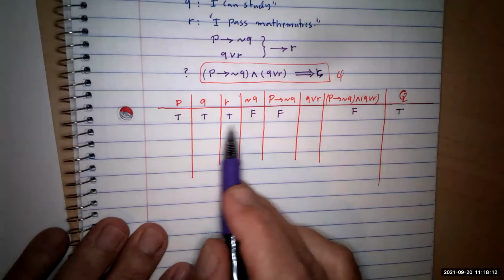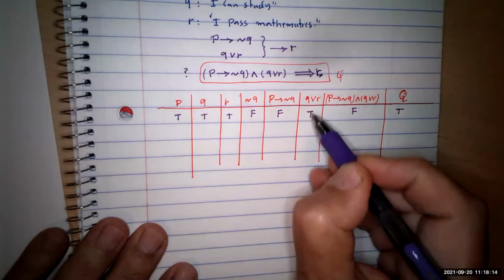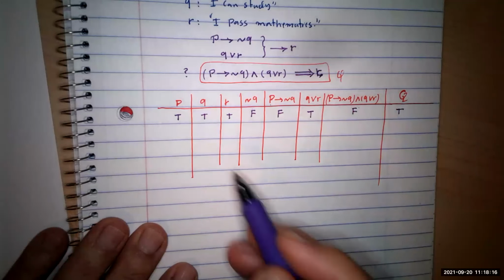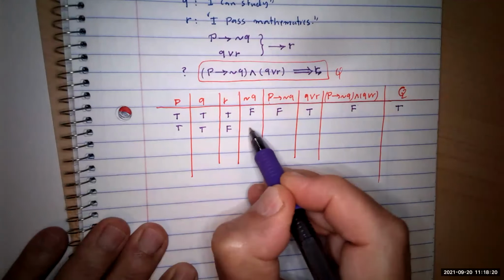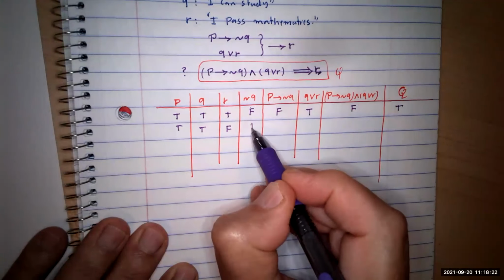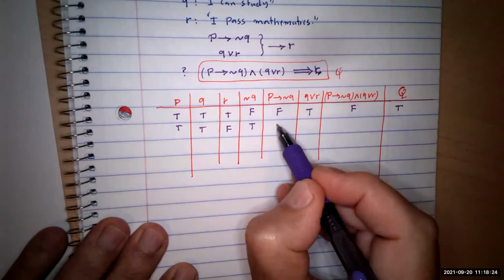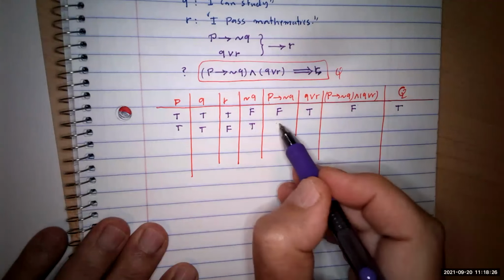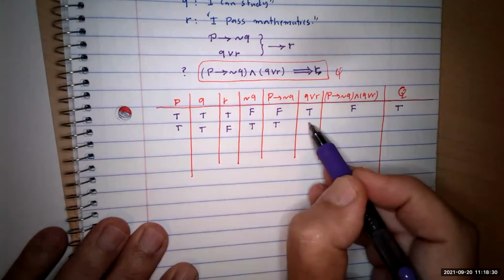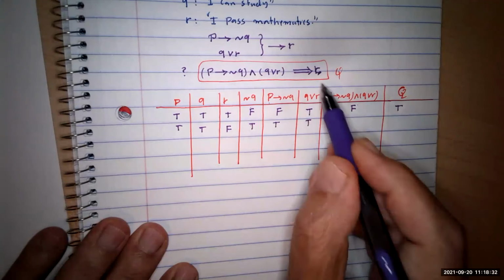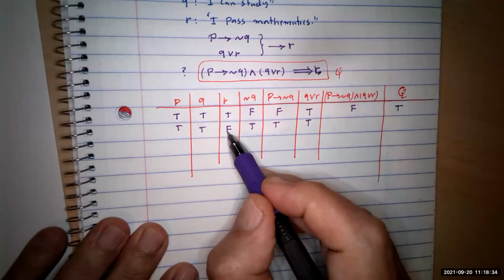Okay, that's easy, of course. This is also true, but you save sometimes. Then you just consider various cases, true, true, that give you false. Okay, this is going to be true. Q or R is going to be true. Okay, this is true and the R is false.